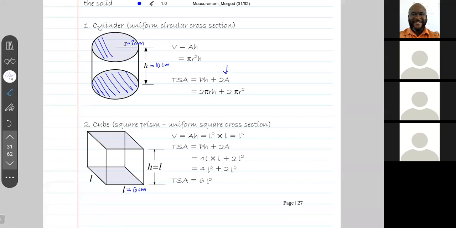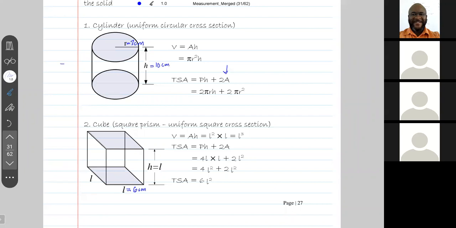PH gives you the area of the sides, and 2A would be the area of the top plus the area at the bottom. Let's say this again. TSA, which stands for total surface area, is equal to PH plus 2A.